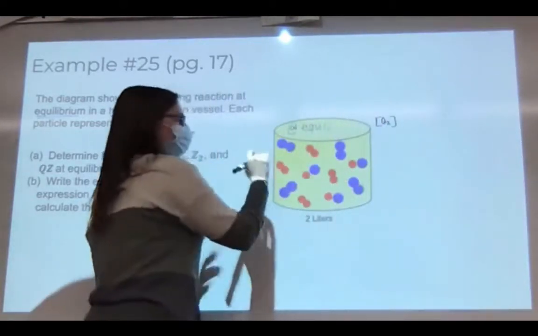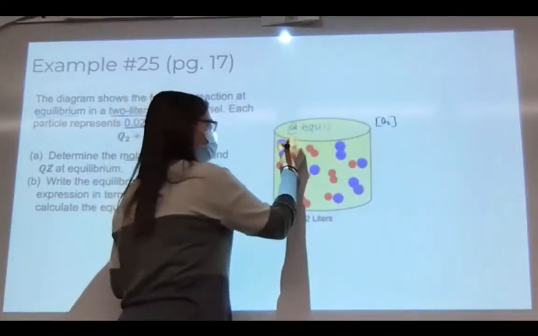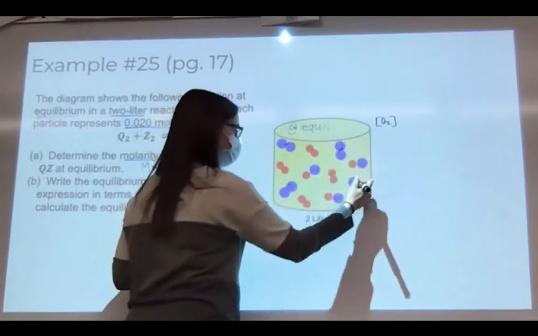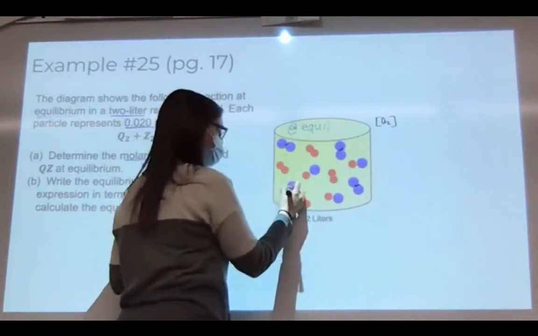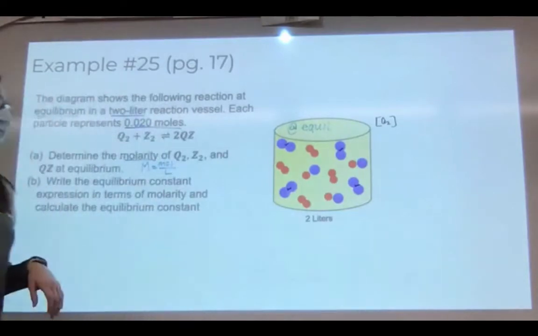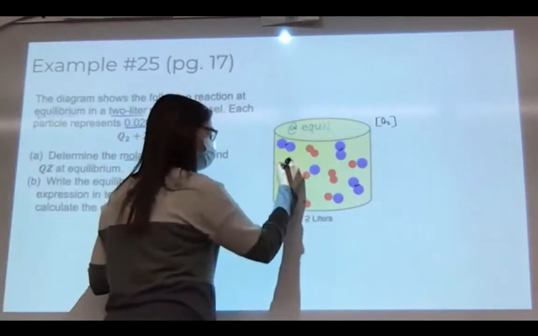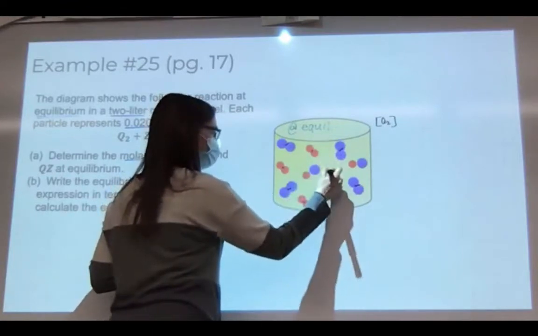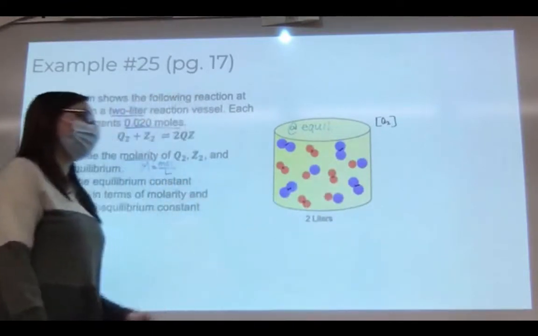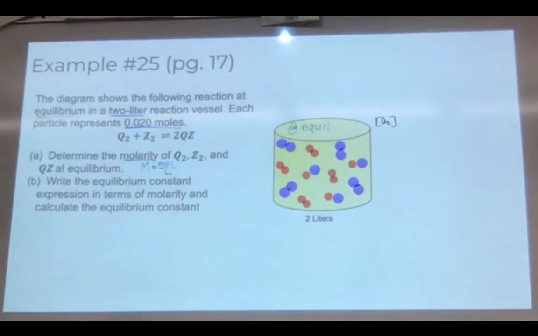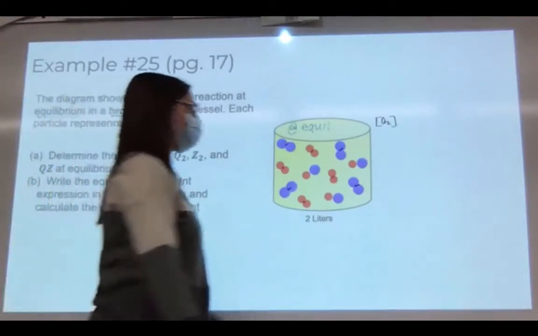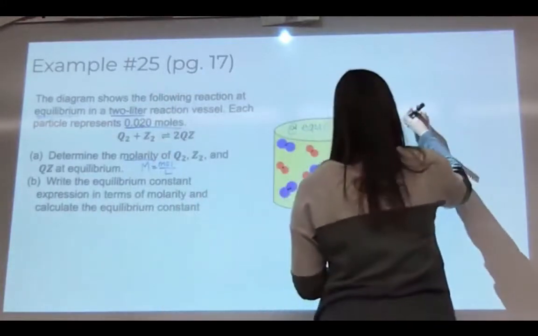So I'm going to say that the blue ones are Q2. 1, 2, 3, 4. Well, let's look at the red ones. 1, 2, 3, 4. So there are actually equal amounts of Q2 and Z2.